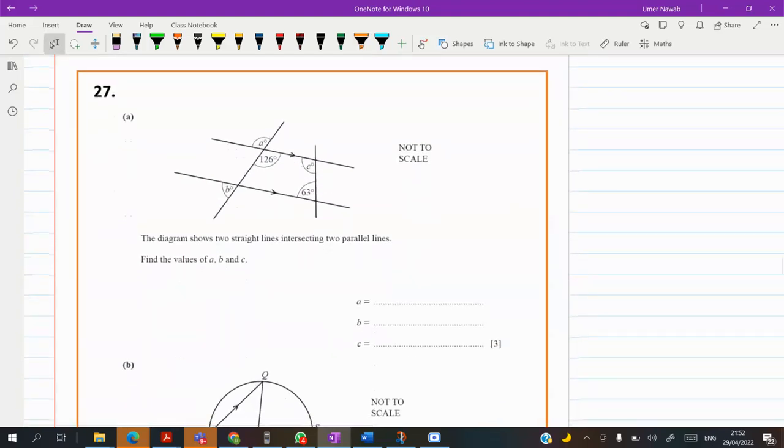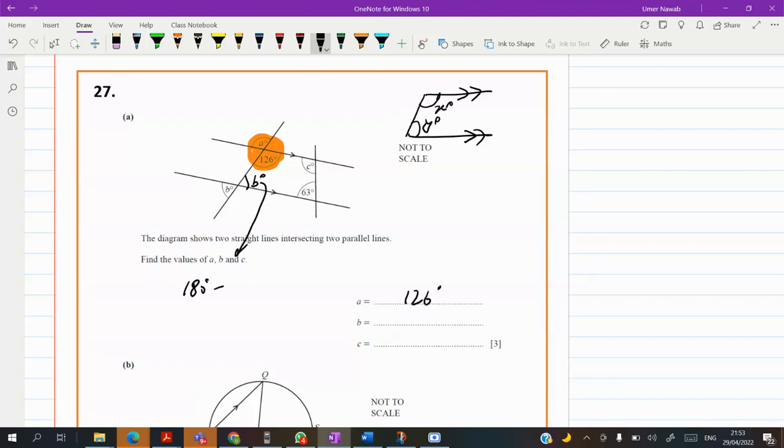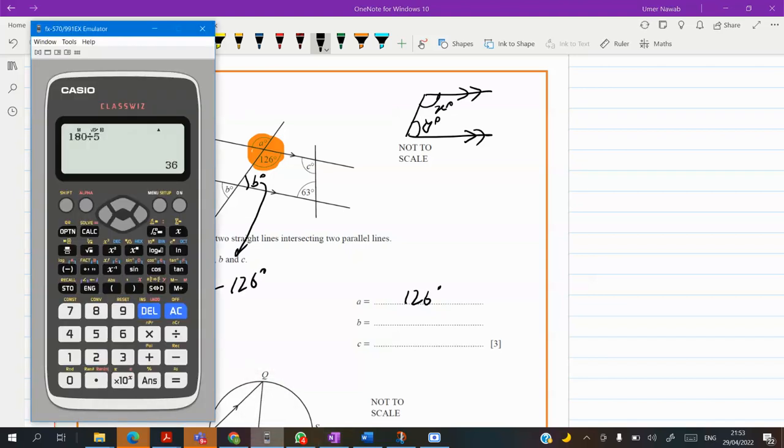Next, parallel lines are given. Be careful, boys. We have to use the property of vertically opposite angles. So A is equal to 126. Then this is B. And you remember, guys, the C concept. When we have the parallel lines, these angles are supplementary. So B will be equal to 180 minus 126.